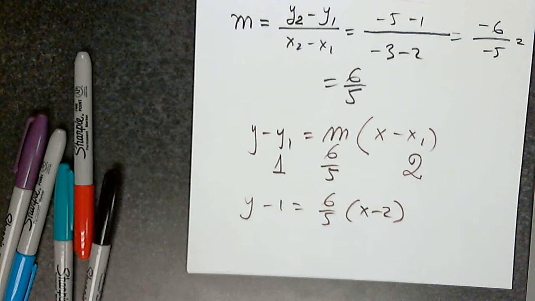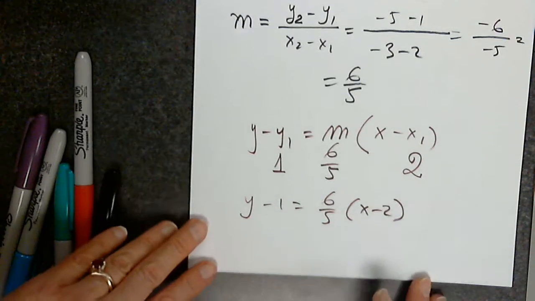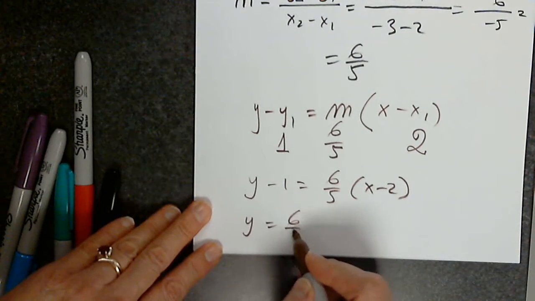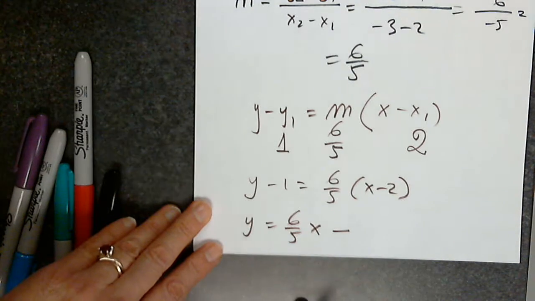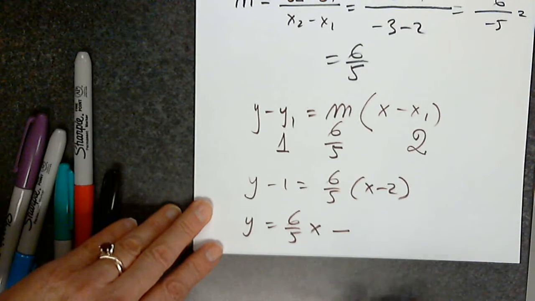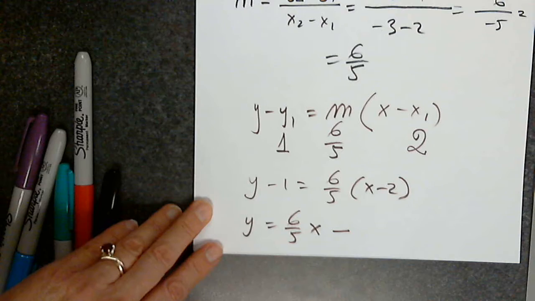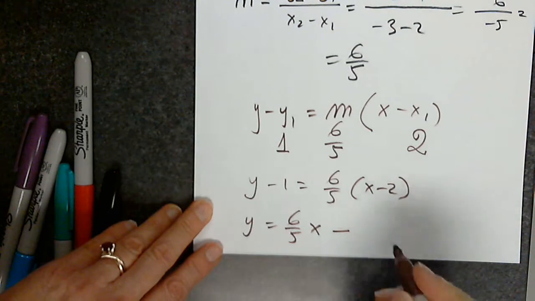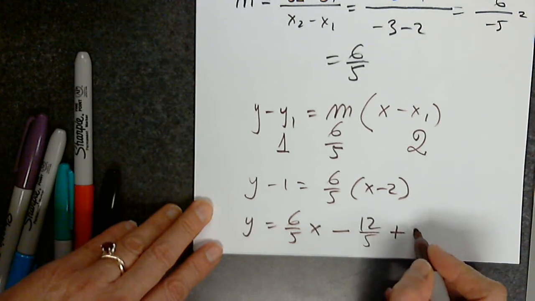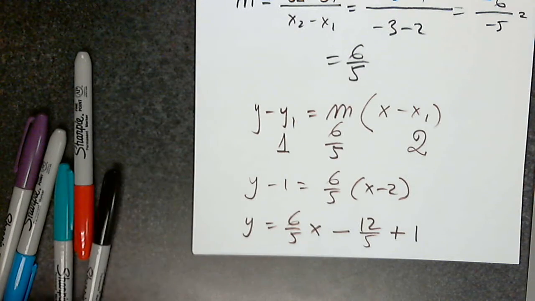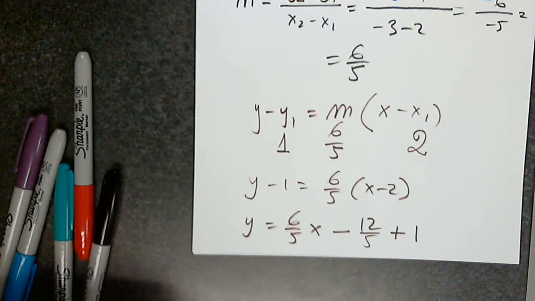I must distribute 6/5 to both terms and then add 1 to both sides. So y equals 6/5 x minus 6 over 5 times 2 over 1. 12/5 indeed, and plus 1. But 1 is 5 over 5.